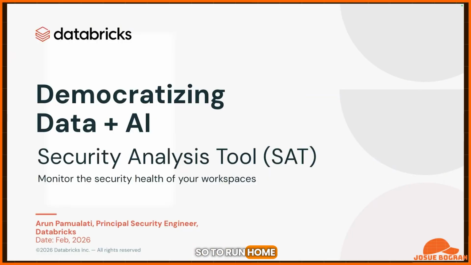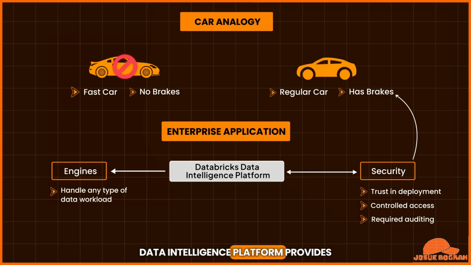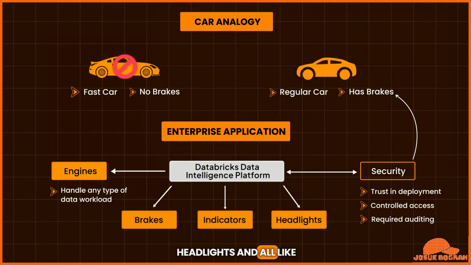So to drive home the point that I was trying to make with that documentation page: how organizations should reason about their security posture and what they should be paying attention to when they are practicing Databricks. As I said, the Databricks Data Intelligence Platform provides enterprise-grade, both the engine, in the analogy of a car, as well as the controls that are needed, the brakes and indicators and headlights, all the security controls that are necessary, right?